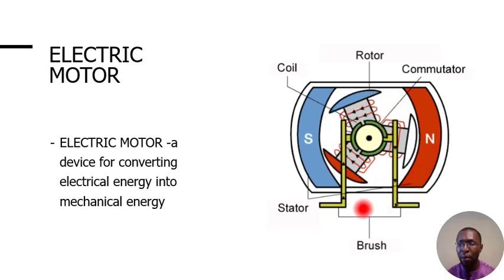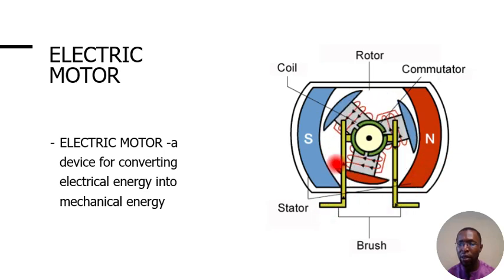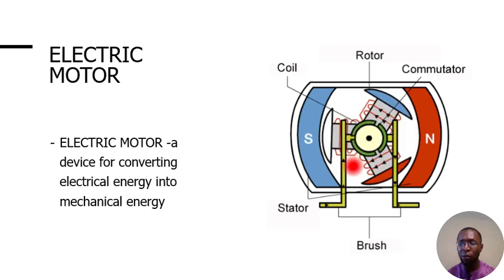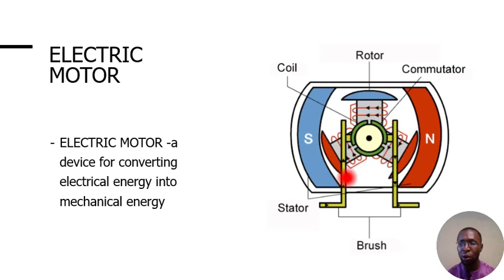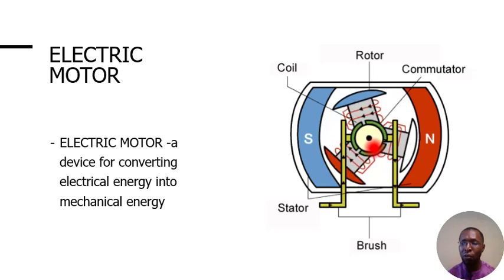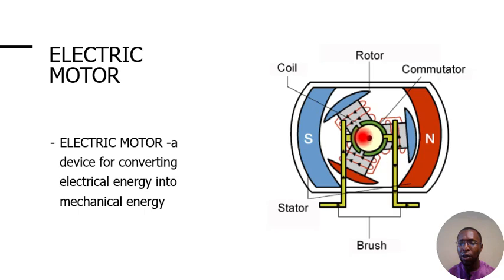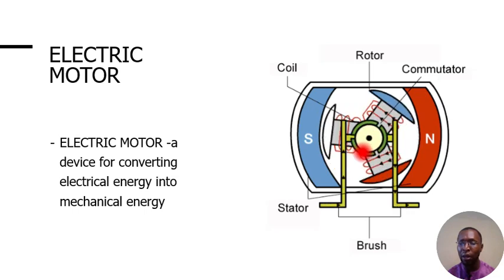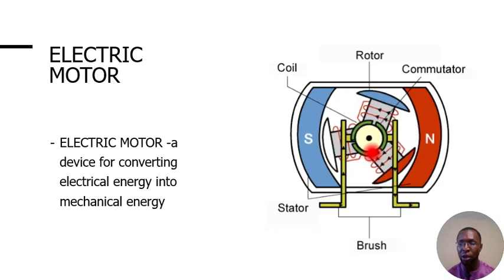Now, when electricity enters the electric motor, based on Fleming's left hand rule, the force on the armature, that's the coil, the direction of the coil is dependent on the force acting on it.